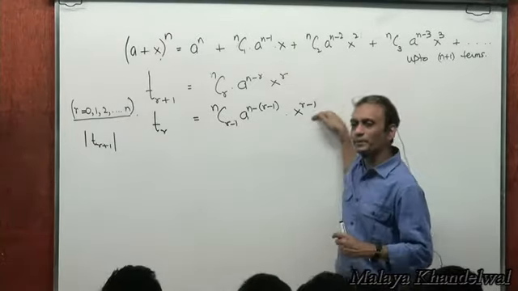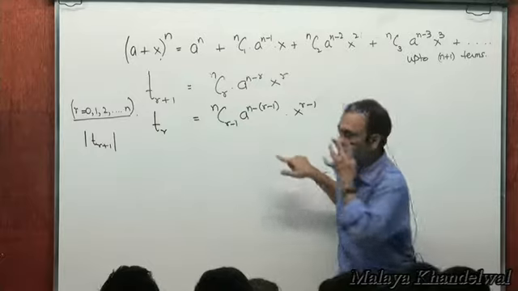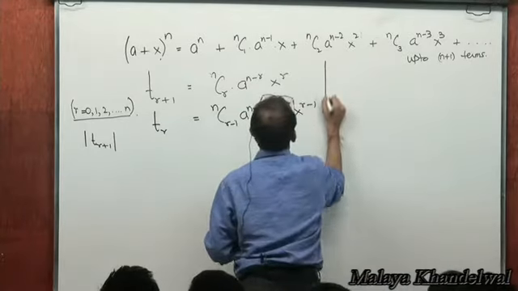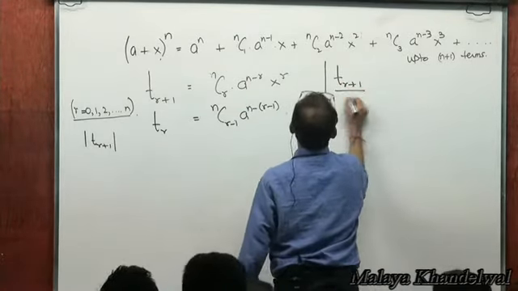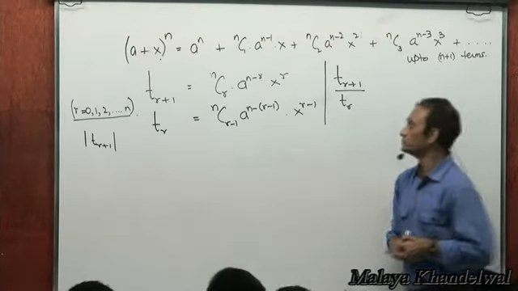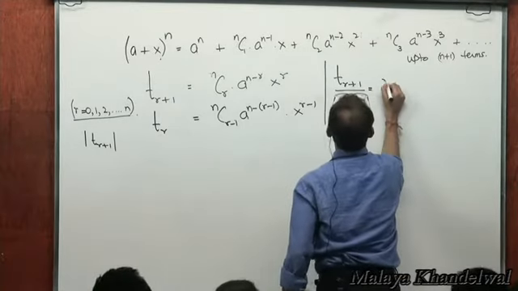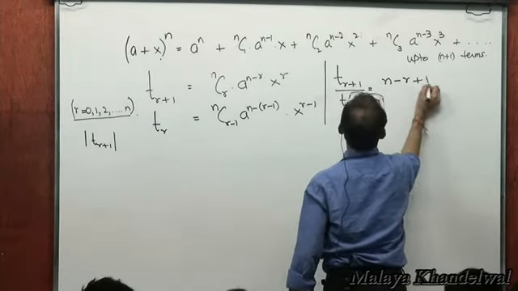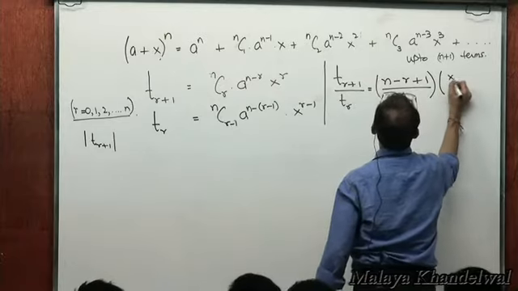Any term divided by its previous term, isn't it? Now, t(r+1) divided by tr. This is any term divided by its previous term. Please check for yourself that this is (n - r + 1)/r into x/a.